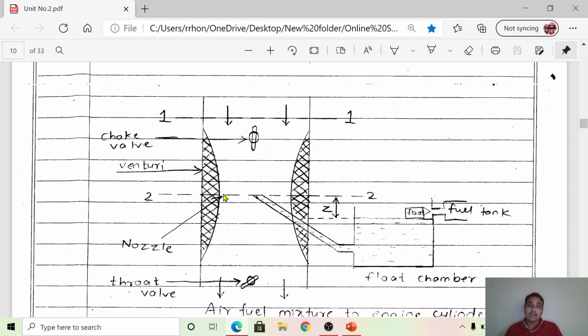The throat is nothing but a decrease in the cross section. As we already discussed, this cross section is different from that one. So as air comes inside the throat section of the venturi, there will be some compression of air. Its pressure will go down and its velocity will increase.